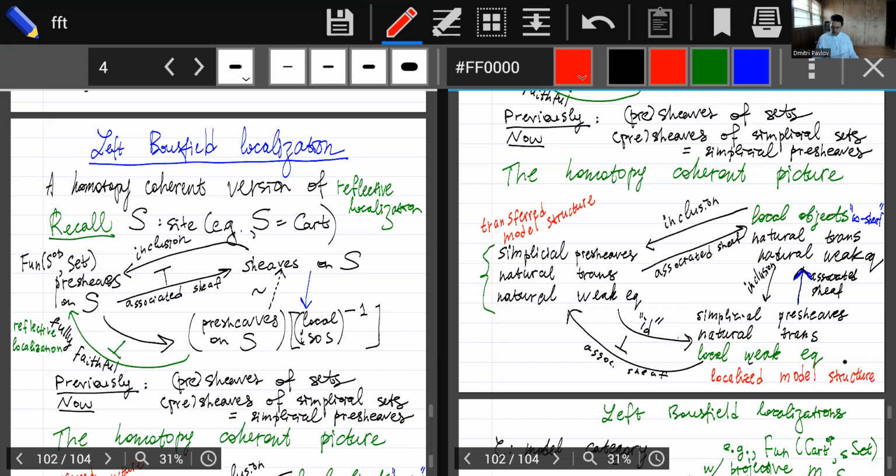It means that the underlying category is the same, and the class of weak equivalences got enlarged to a bigger class. And the only other thing we'll have to say is what happens to cofibrations. As it turns out, nothing happens to cofibrations. Cofibrations stay exactly the same.